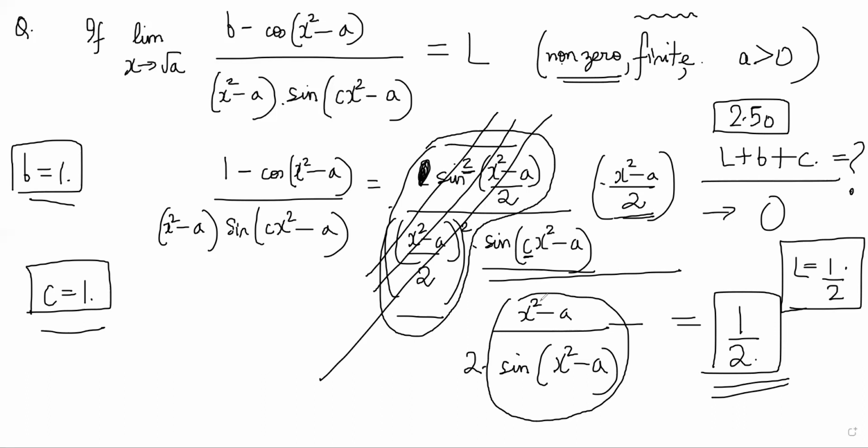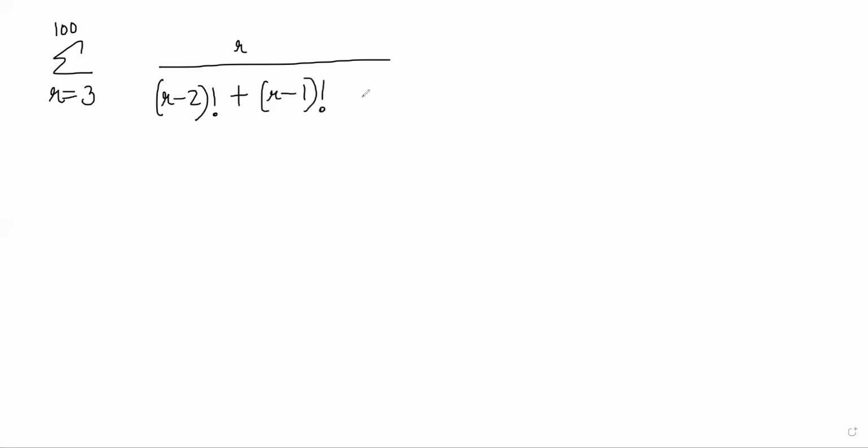Then this one, question 75. Value of summation r equals 3 to 100 of r by (r minus 2) factorial plus (r minus 1) factorial plus r factorial. Okay, value of this summation is being asked.